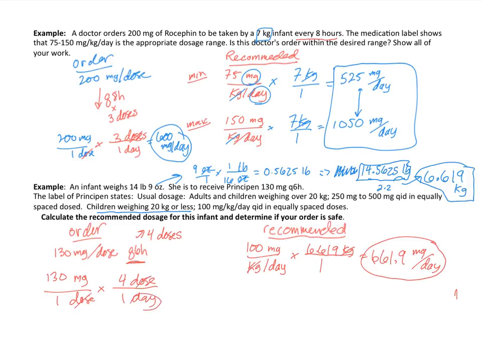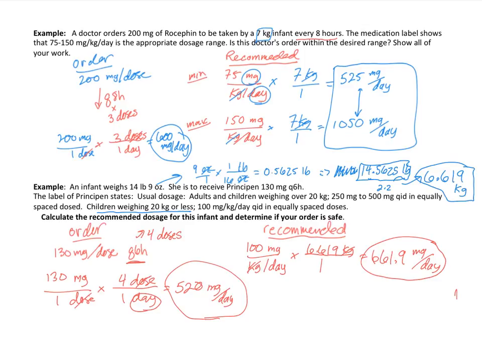So if I multiply by 4 doses, I'm going to get 520 milligrams per day. That's what we would be administering if we follow through with the order.